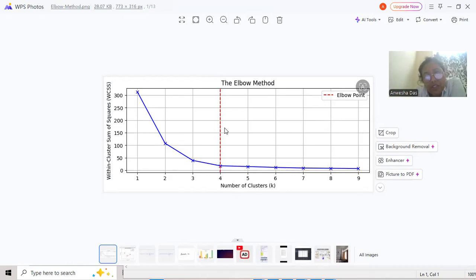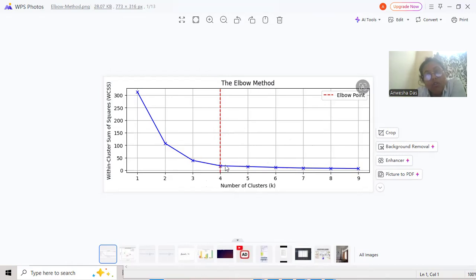So we have to choose this particular point as our K value. See, after 4, there are no changes. The graph is fixed. So we will consider this particular point as the K value. If you consider here, there is not that much difference.